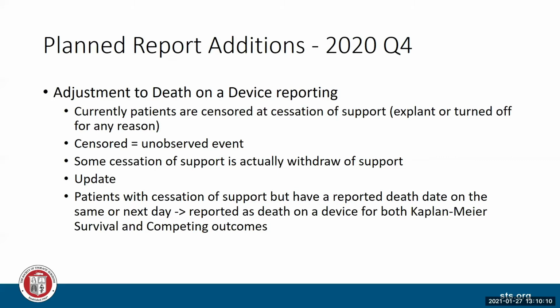And what that means is that those patients are given credit for surviving on a device, up until that cessation of support. But we don't count them as a death or a transplant or anything else that happens afterwards. We just say, we don't know what happens afterwards in the current analysis. But in reality, we do know what happens to some of these patients, because we collect death date and transplant date if it happens within a year afterwards.